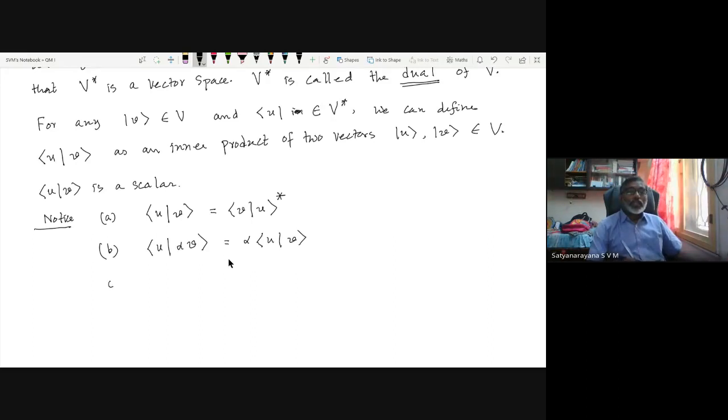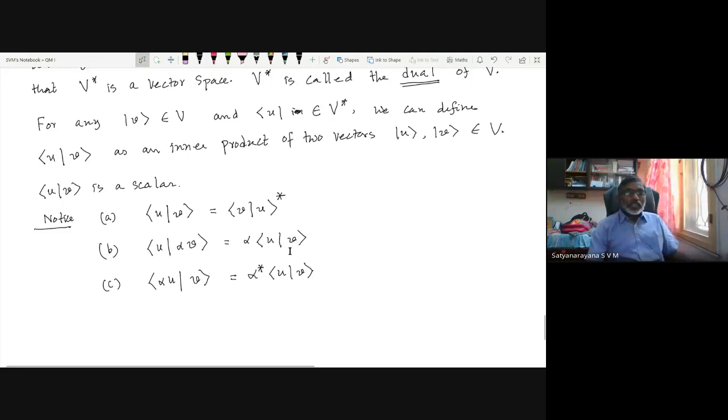Similarly, if I put alpha here, that is alpha U times V, then what comes out is alpha star, because with the bra vector you always take the conjugate, the star of that. So this is alpha star into UV. If alpha is on the ket, it will come out as alpha. If alpha is on the bra, it will come out as alpha star. Okay, so these properties can be easily seen for the inner product.